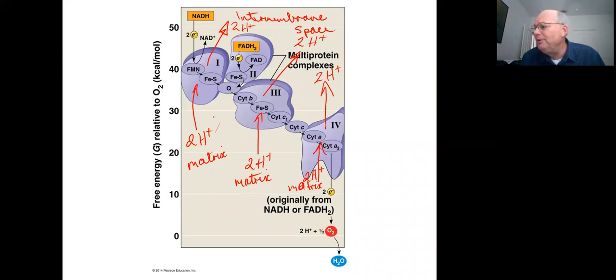But rather than being returned back to the matrix from which they came, they're released into the intermembrane space, building up a concentration of hydrogen ions.